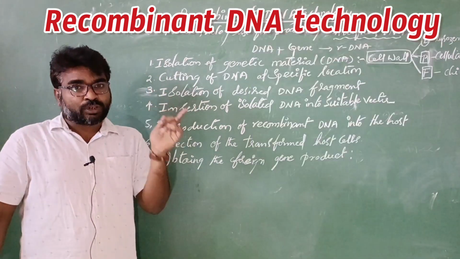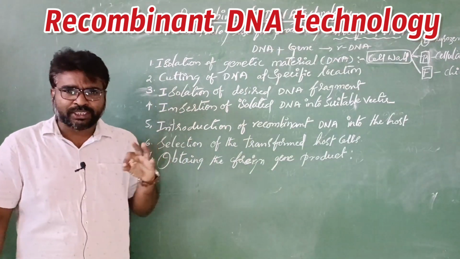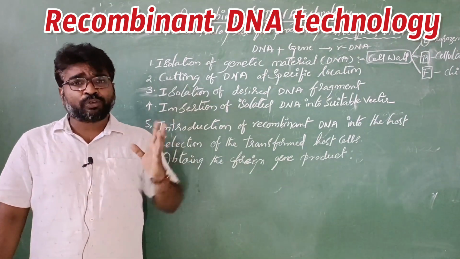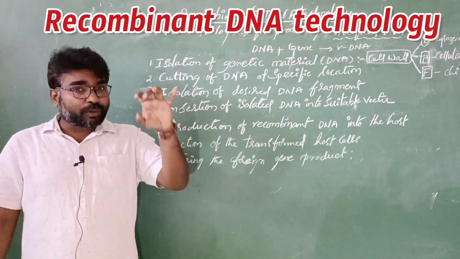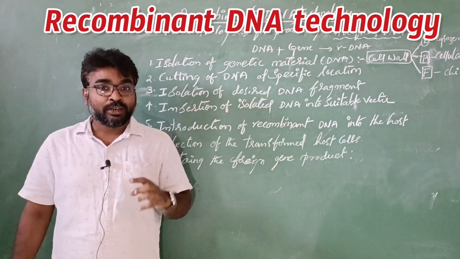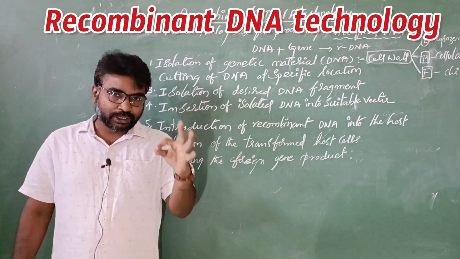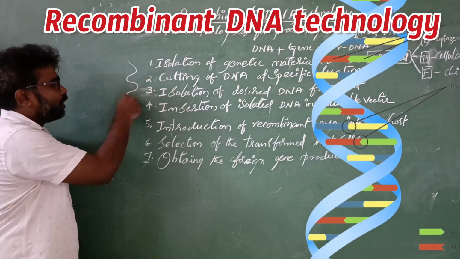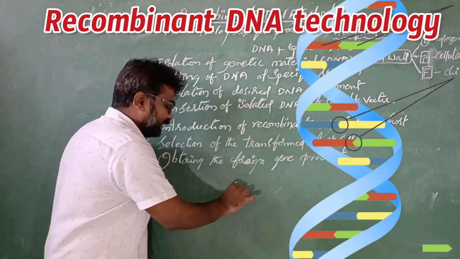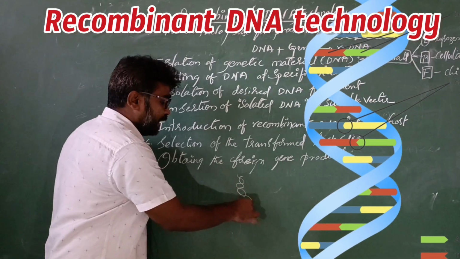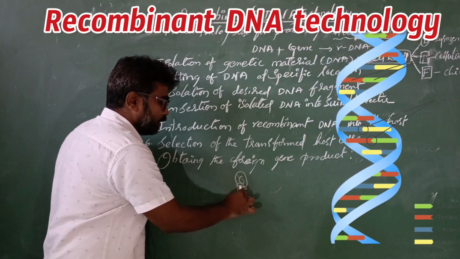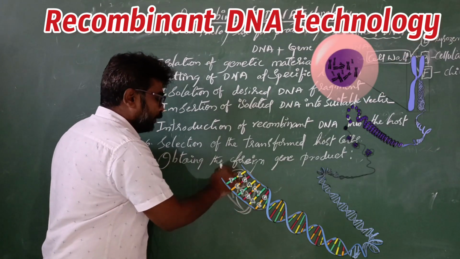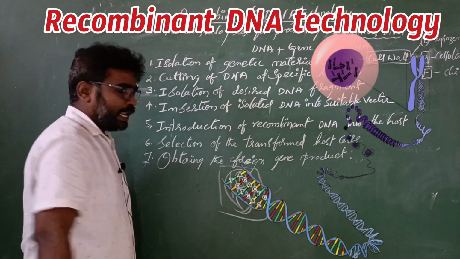The structural and functional unit of living things is the cell, and in the cell the key software, the key information, is present on DNA. Already we know the structure of DNA, that is the double helix. It is present in the chromosome, the chromosomes are present in the nucleus, and the nucleus is present in the cell.